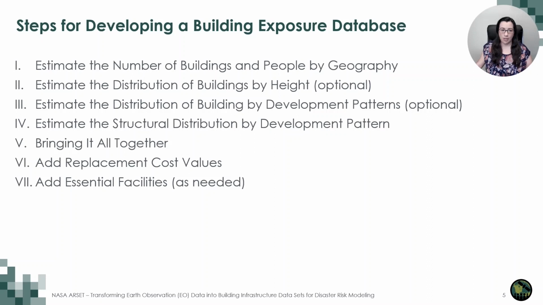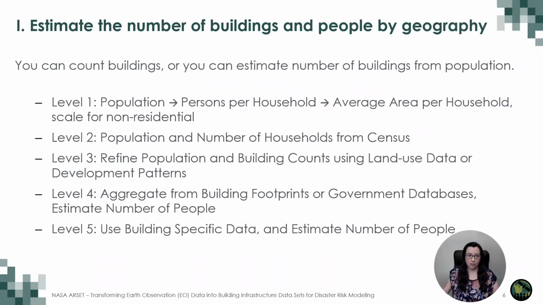Therefore, it is important to understand the methods and data required for processing these 7 steps. For estimating building counts and number of people, having accurate and high-quality data is essential. For exposure level 1 and 2, typically the population, persons per household, or number of households are used to estimate the number of buildings given an average area per household value.